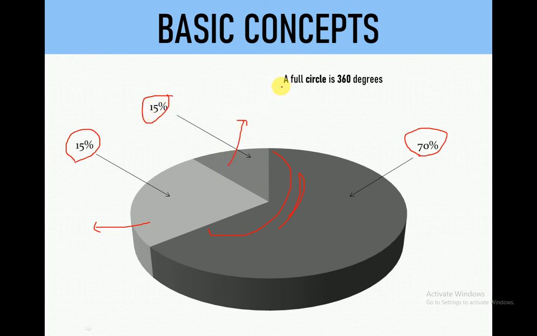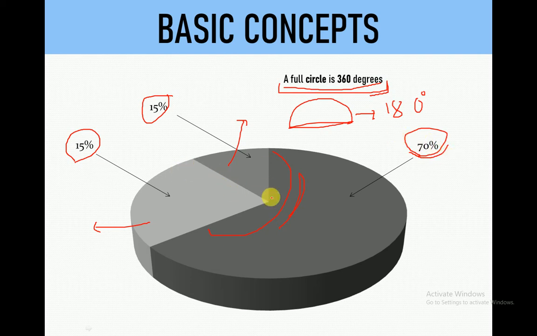We have to keep in mind that a full circle is always 360 degrees, and a semicircle is 180 degrees. Either the percentage value would be given or the degree value would be given, and you have to find out the other one.